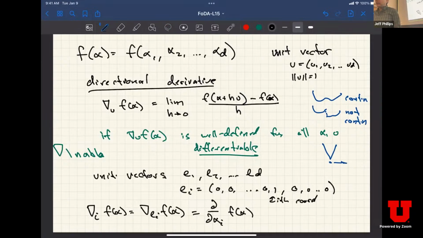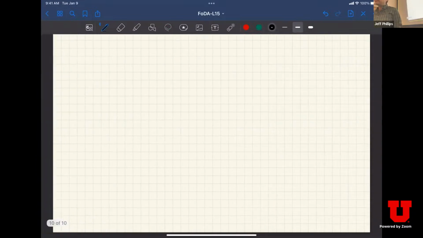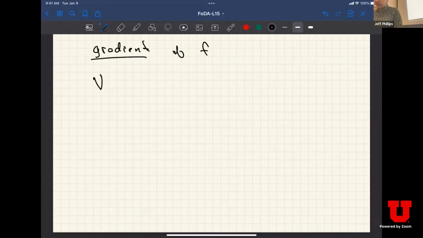Now this allows me to define the gradient of f. This is written as just nabla of f with no u in front.